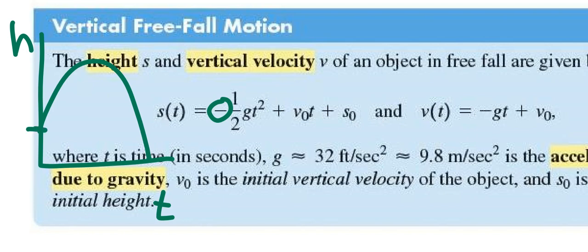But right here is what they call the initial height. Sometimes in physics they use h sub i, and typically we don't use s. We use h sub 0 or h sub i for initial height. I know that in calculus they use s for position, but just to keep things simple, we talk about height.